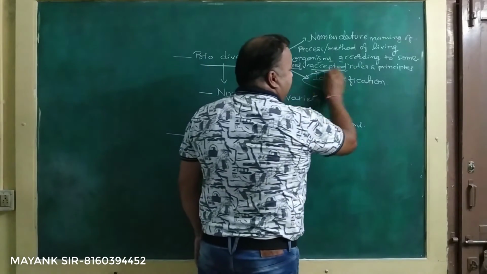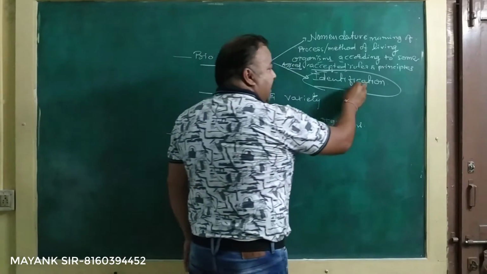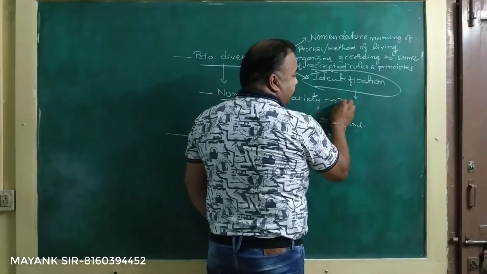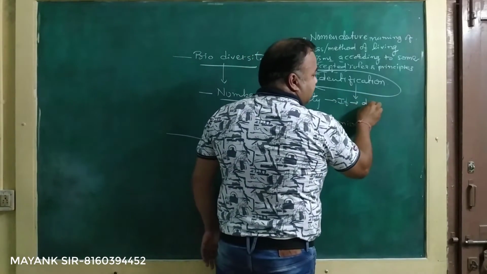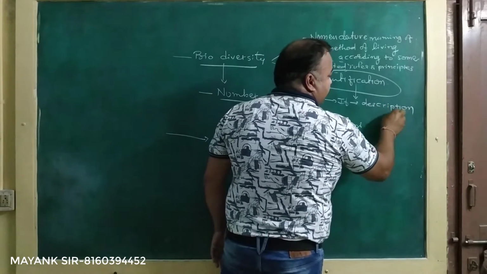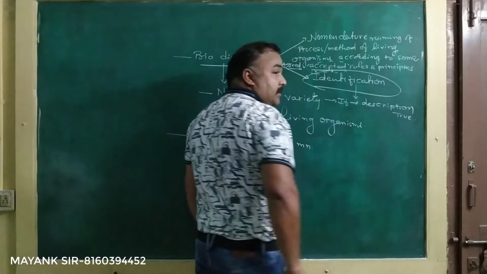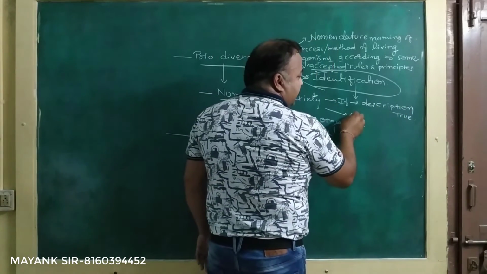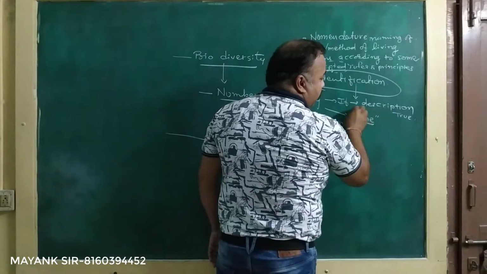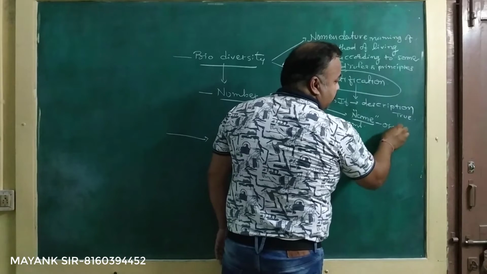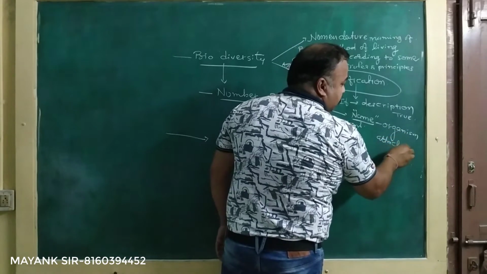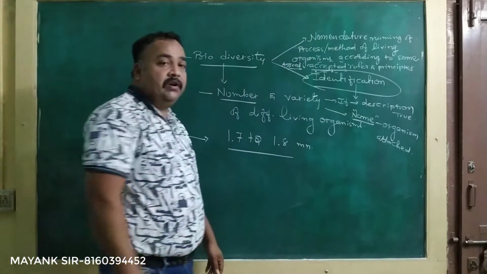Whereas, what do you mean by identification? Identification is the process that means if the description of an organism is true, that is up to the mark, and the name to which the organism is attached is called the identification of living organism.